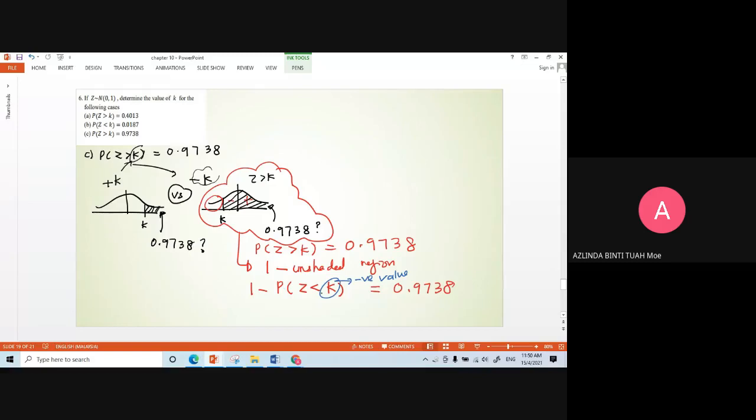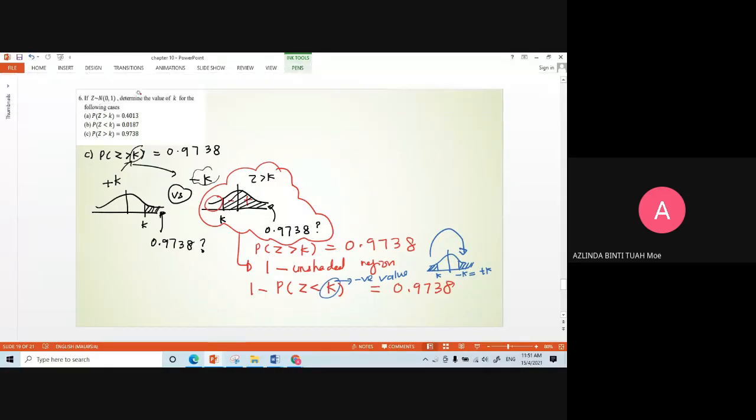So, kita kena reflectkan dia dan bell shape untuk yang small part ini adalah di sini. Kena reflectkan dia ke kanan dan K yang negatif tadi kena darab dengan negatif supaya dia menjadi positif K. K tadi bernilai negatif.